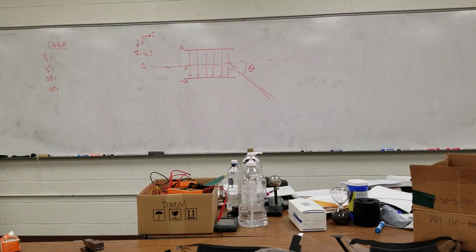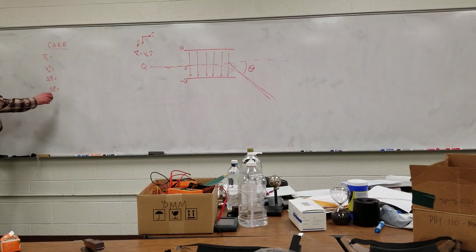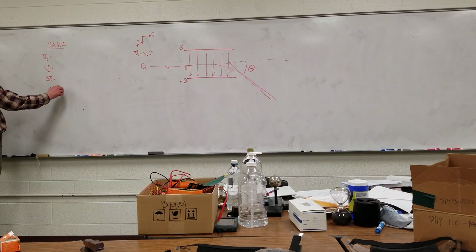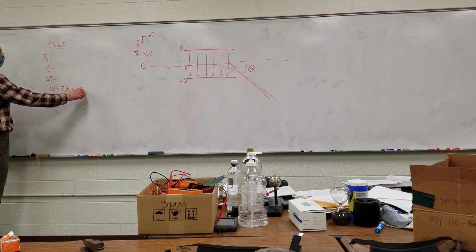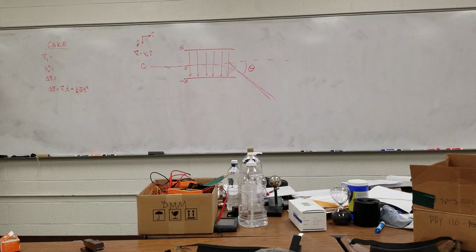And again, one of the reasons I'm doing this is to sort of brush off some cobwebs. I think one of the bottom ones is the initial times t plus one half acceleration times time squared. Yep, that's one of them.